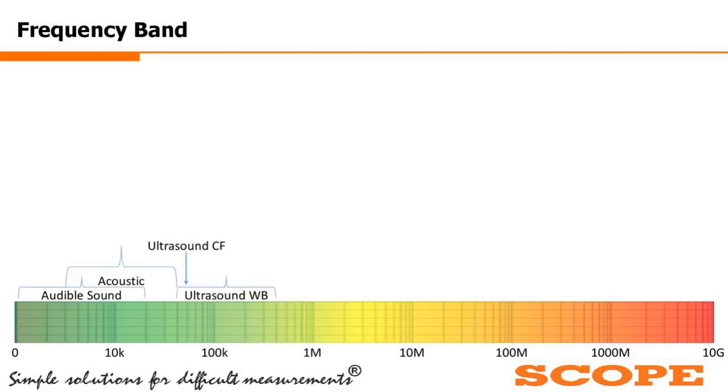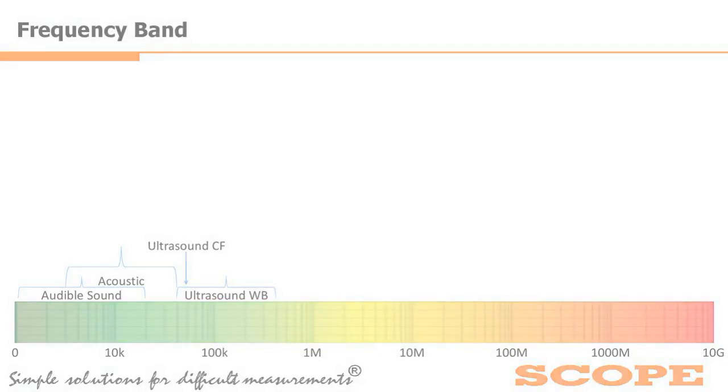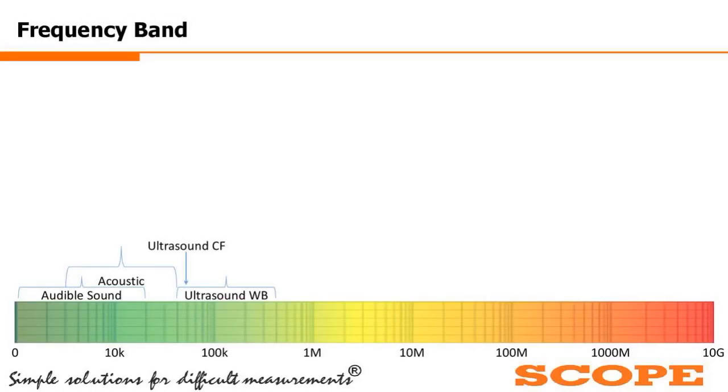First is the zone we want to talk about, the audible sound. Audible sound is the zone where we can listen. Audible is from 20 hertz to 20 kilohertz, which we can listen to through our ears.